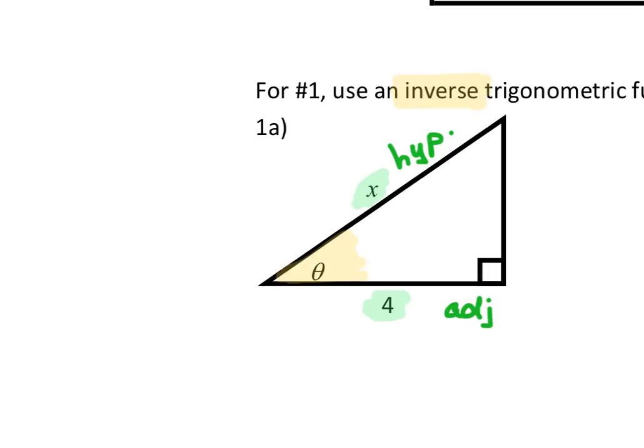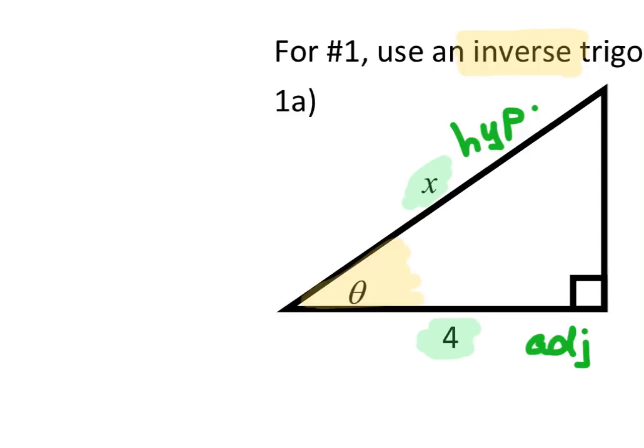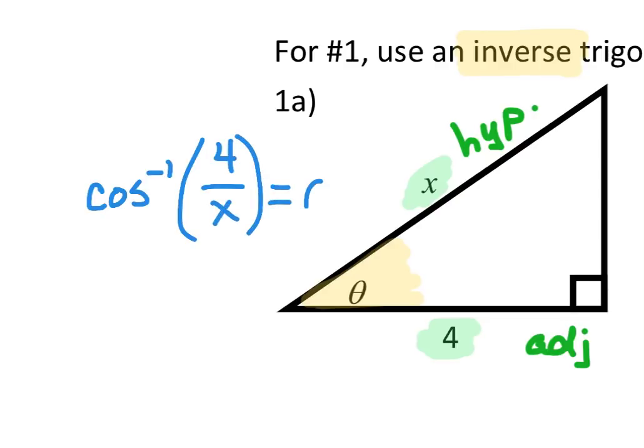But this time, instead of saying cosine of theta, the directions ask you to use an inverse trig function. So we want to talk about cosine inverse. Therefore, our input has to be the ratio adjacent over hypotenuse, which is going to be 4 over x, and our output is theta.